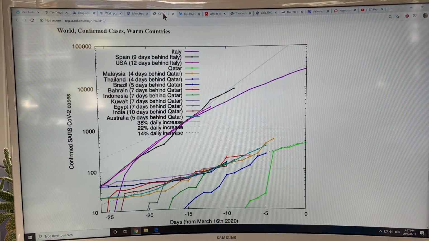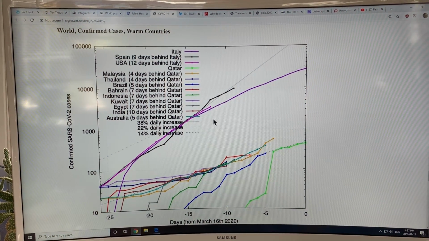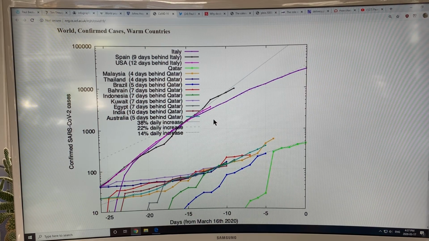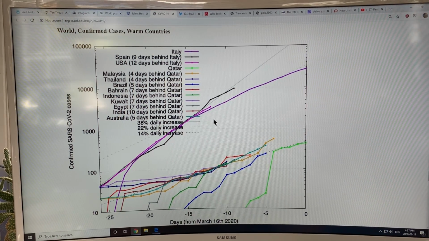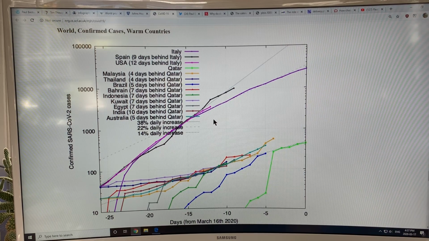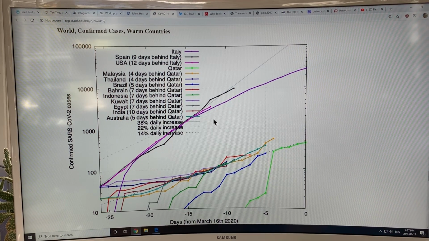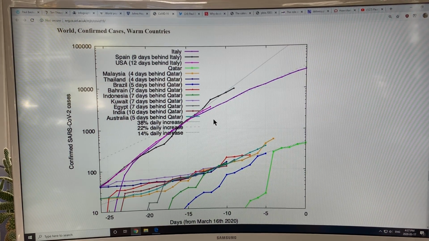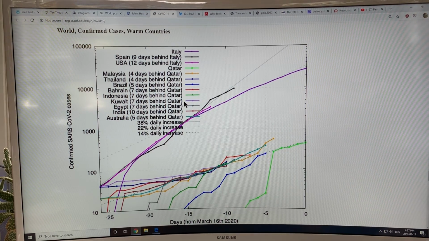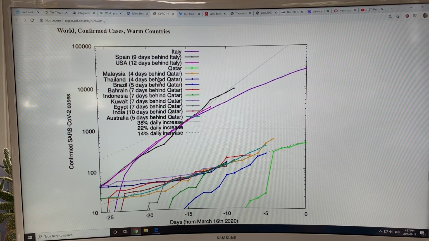The big question is, is there a seasonal dependence? Will cold countries that are being hit hard now get some reprieve when the weather warms up? If you look at the data, and I showed this in some previous videos, this is the world confirmed cases. Warm countries are down here.